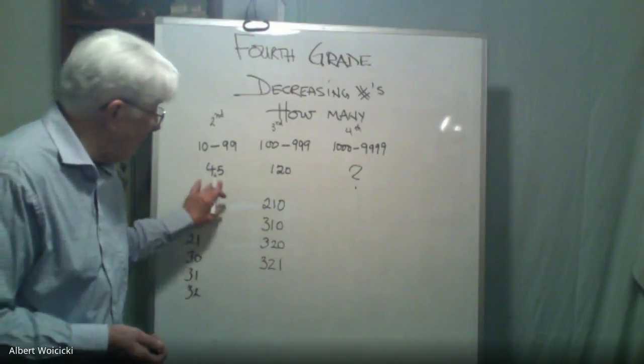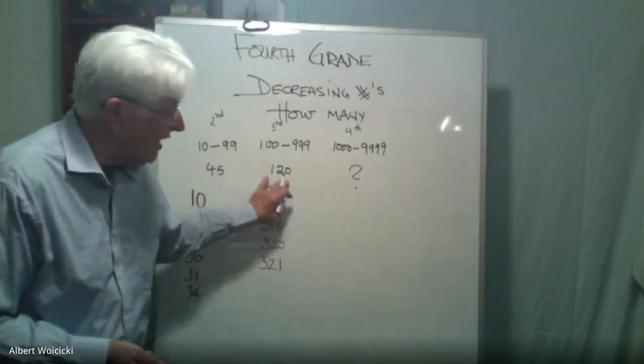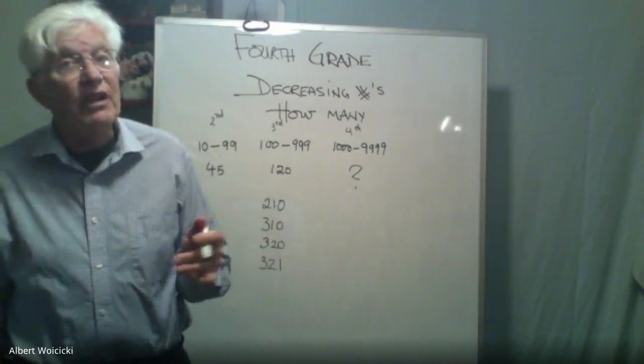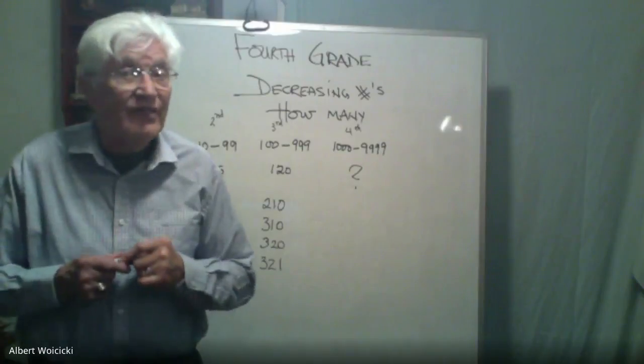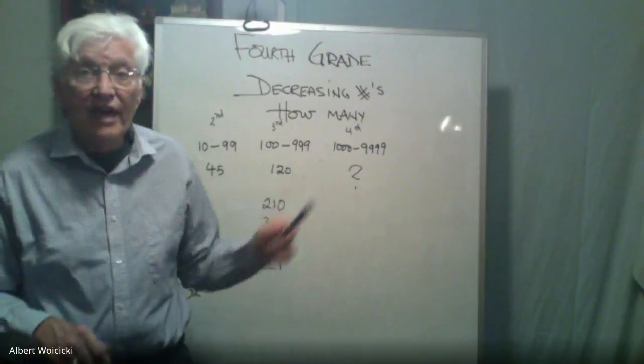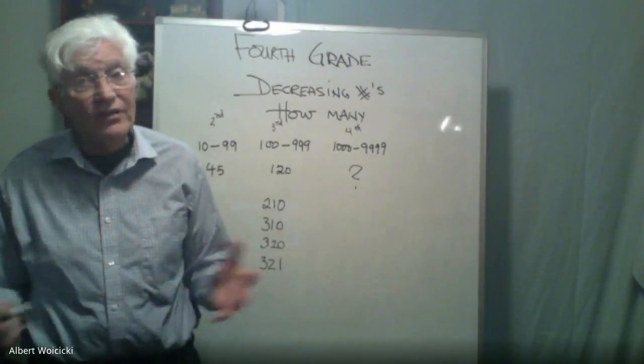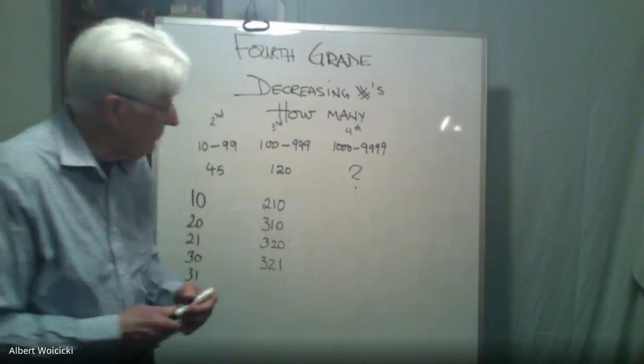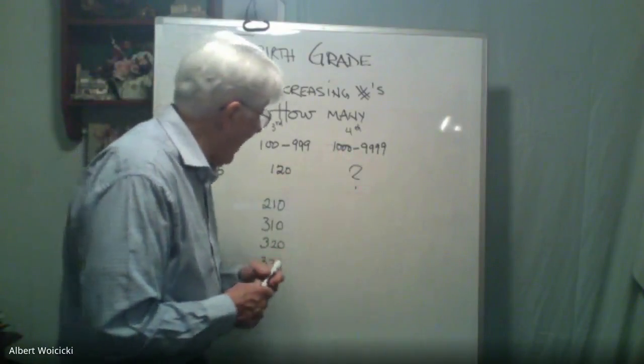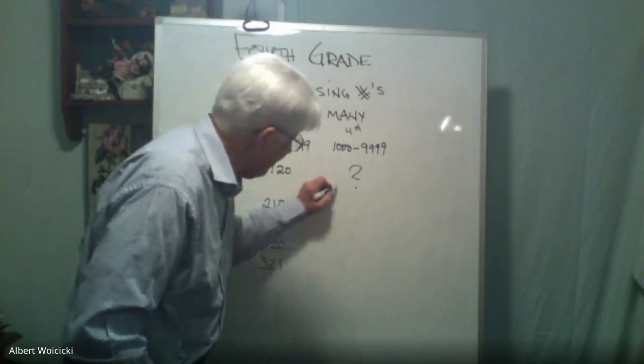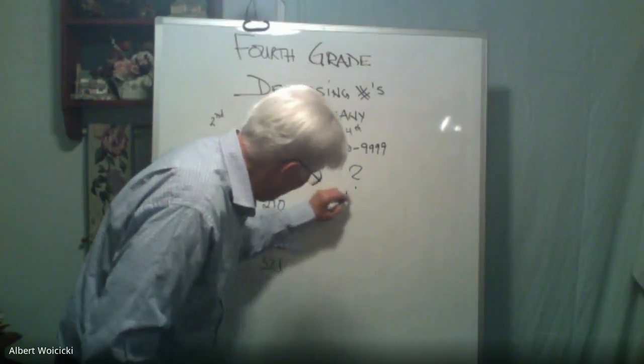Remember, they already know 45 and 120. Believe me, there's not that many more in the next set. You think there would be, but there isn't. Because what's the first one going to have to be? It's going to have to be 3,210.